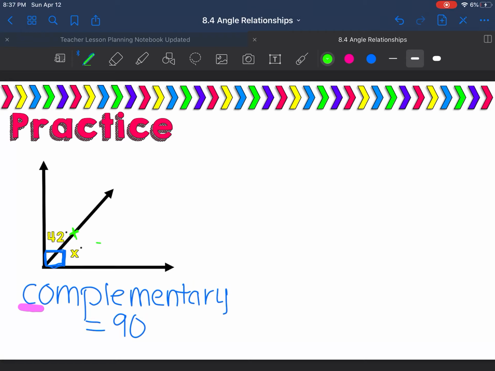Since it's a complementary angle, I know that angle 42 plus angle X is going to equal together to give me 90. So I can write that out as 42 plus X equals 90. And now I can solve. I have a one-step equation. In this problem, I'm adding 42.